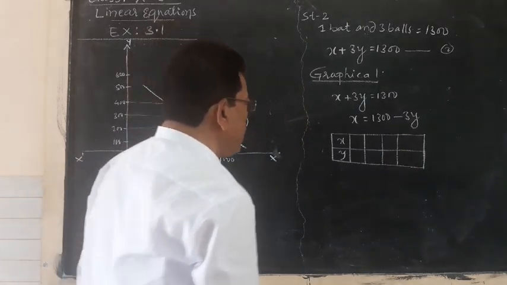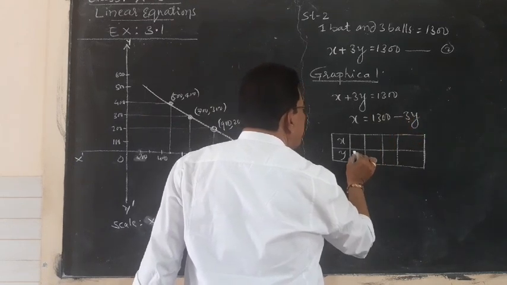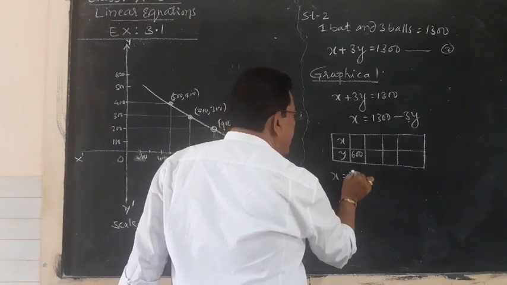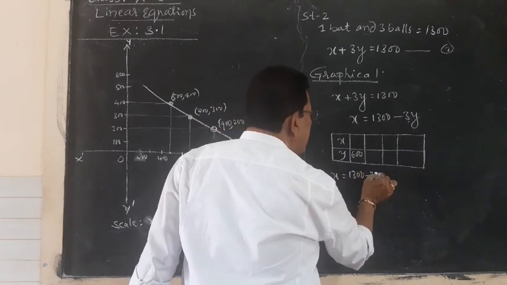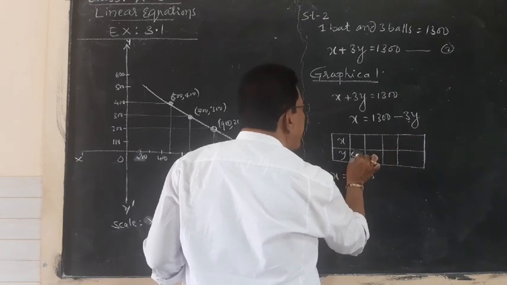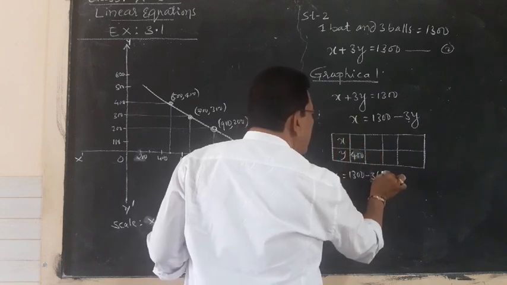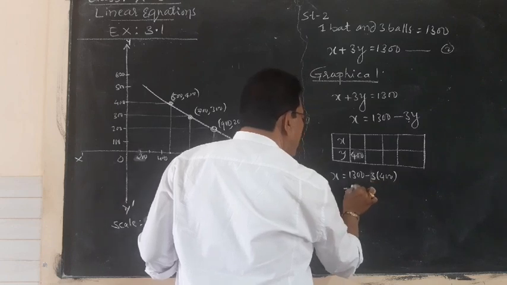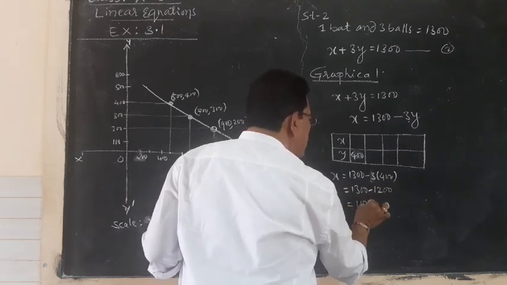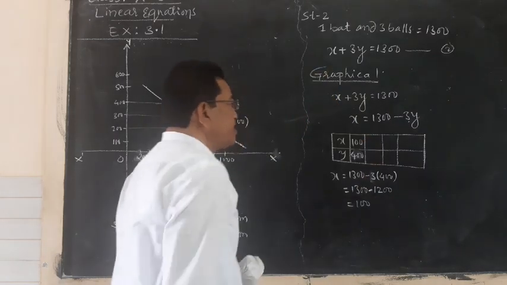Let us take y equals 400. If y equals 400, 1300 minus 3 into 400, that is 1300 minus 1200, which equals 100. x equals 100.